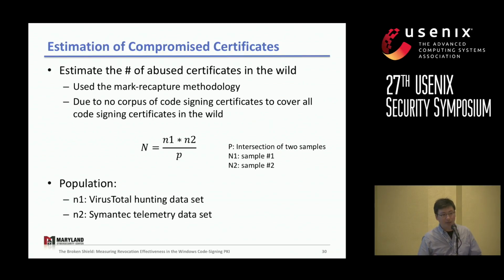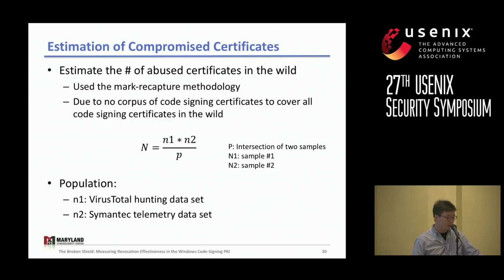The mark and recapture methodology is used to estimate the total number of a population in the wildlife when not all of the population can be observed. In mark and recapture, the population is calculated from the 2 samples divided by the intersection of the 2 samples. So we utilize 2 data sets.